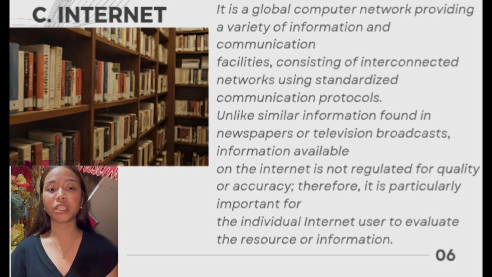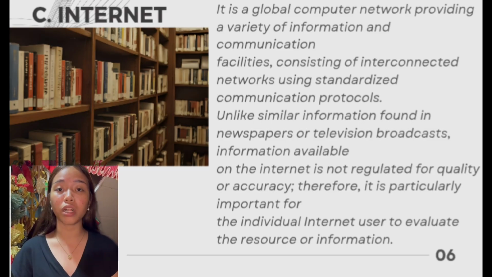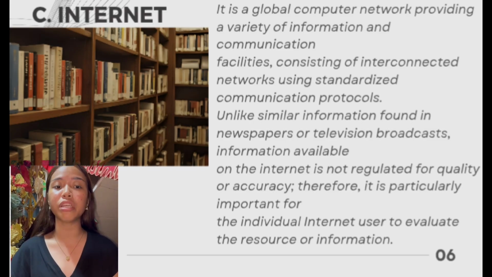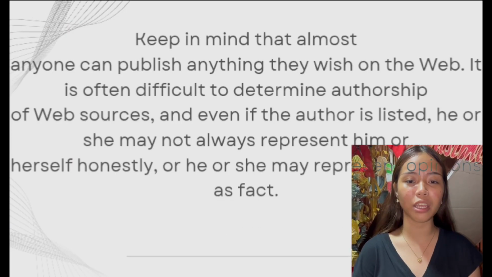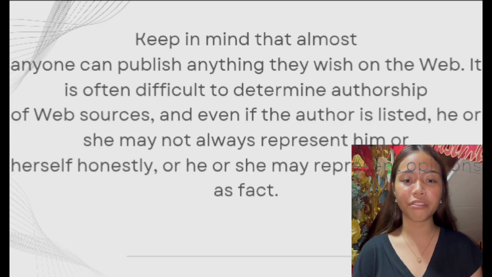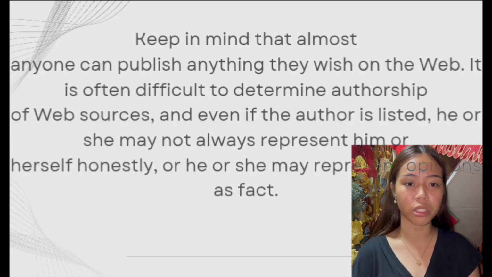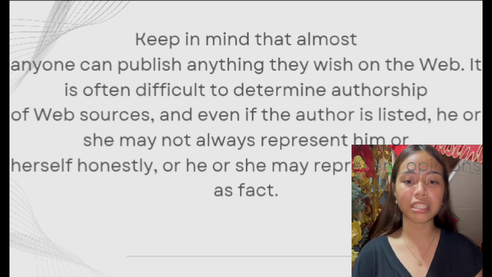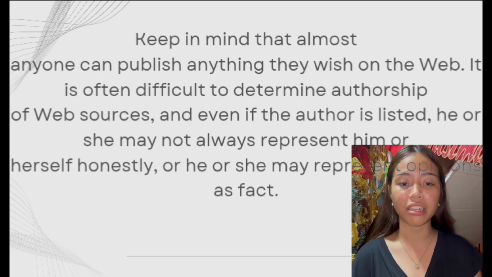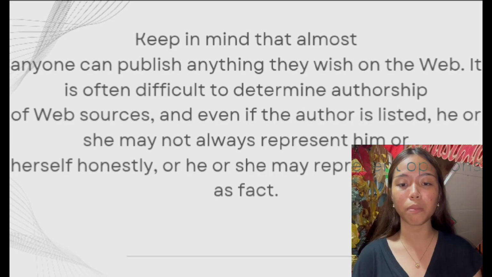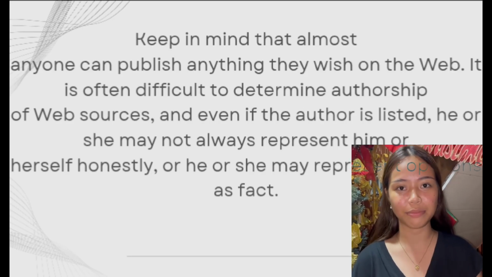Therefore, it is particularly important for the individual internet user to evaluate the resource or information. Keep in mind that almost anyone can publish anything they wish on the web. It is often difficult to determine authorship of web sources, and even if the author is listed, he or she may not always represent him or herself honestly, or may represent opinions as fact.